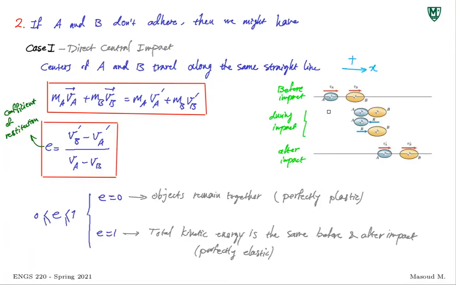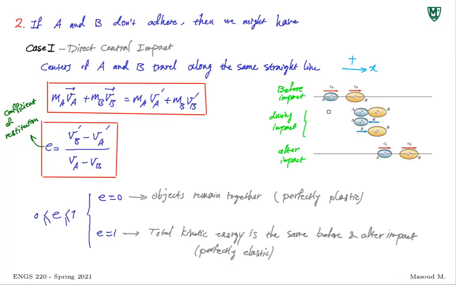Case one was direct central impact, meaning these two objects, rigid bodies or particles, both travel along the same straight line. They hit and they travel away. Now, pay attention to the drawing here for these two particles on the right.